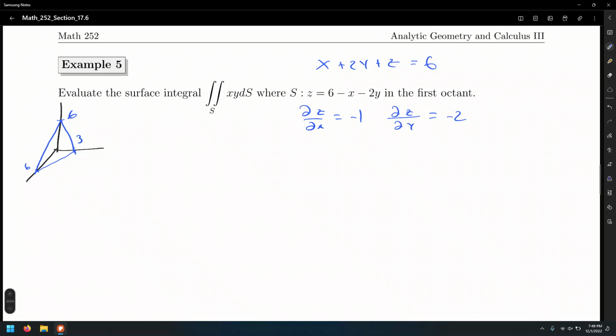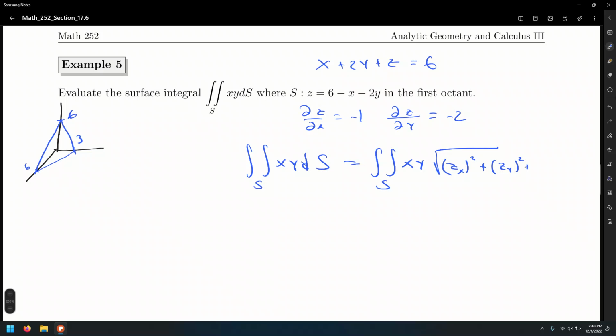Now set up the integral, the double integral over S of xy dS. Notice it's not just a 1 in the integrand, that's a big S. That's going to be the double integral of xy, and let's write down the element of surface area, which is the square root of the partial of z with respect to x quantity squared plus the partial of z with respect to y quantity squared plus 1, dA in this case.